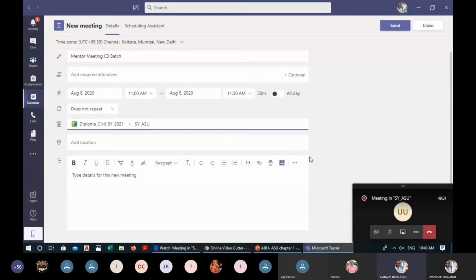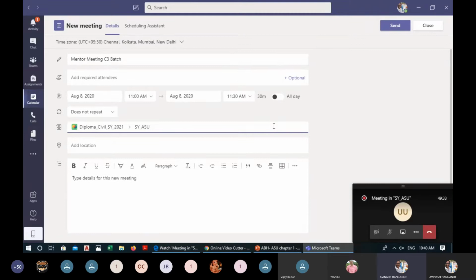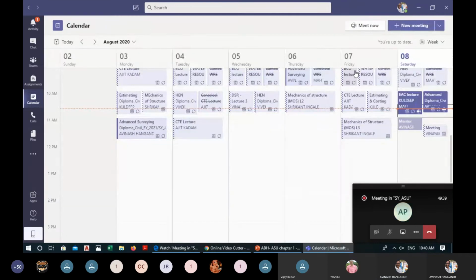The rest of you have to join with your respective mentors. Here is the mentor batch, at 11 AM we will have that batch. We have that session.